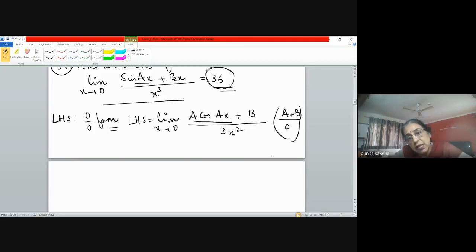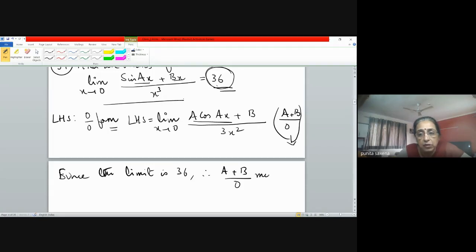So this amounts to saying that for the limit to exist and be finite, even this term must end up in a 0 by 0 form. Okay, so that is the first condition we are going to use. So that's why we'll say, but since the limit is 36, therefore a plus b by 0 must be a 0 by 0 form.